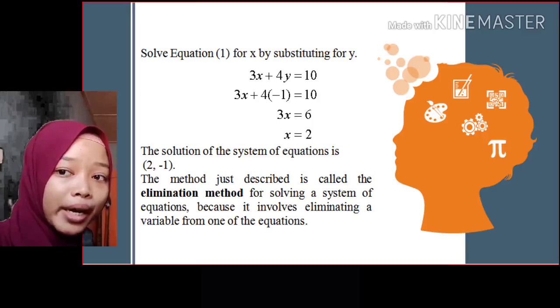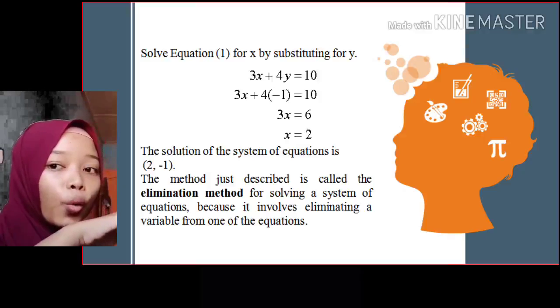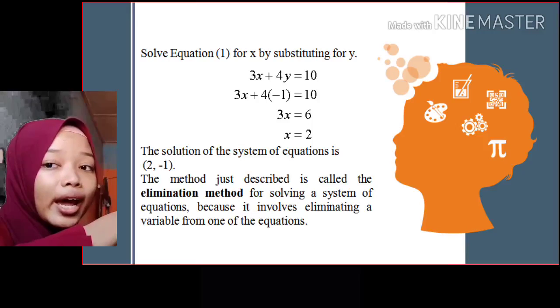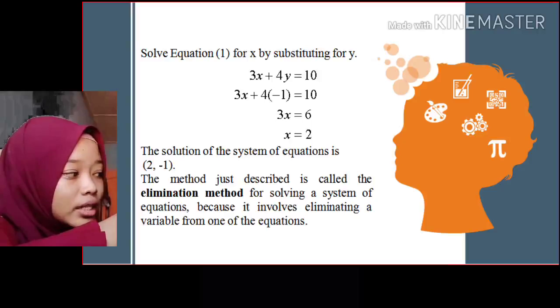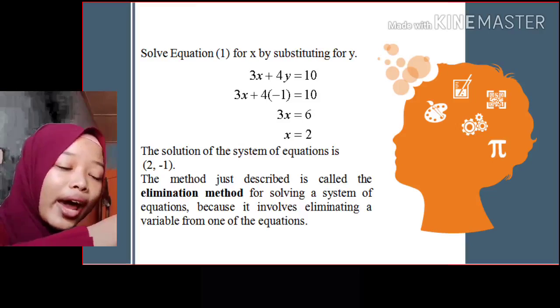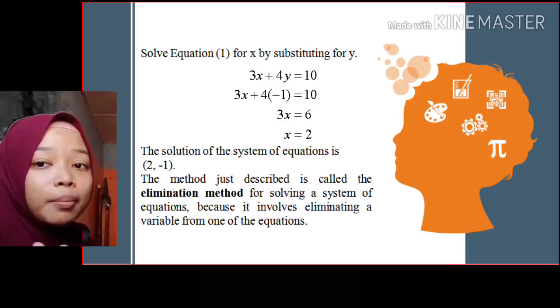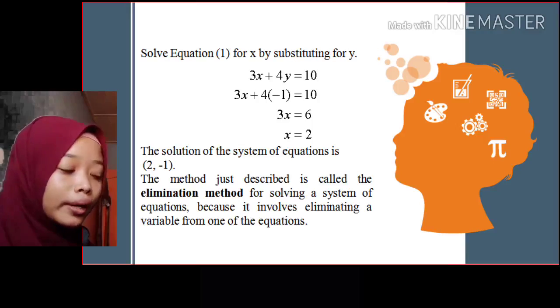Y equals minus 1 substituted into equation 1: 3x plus 4y equals 10, and then 3x plus 4 times minus 1 equals 10. 3x equals 6, and then x equals 2. The solution of the system of equations is (2, minus 1).